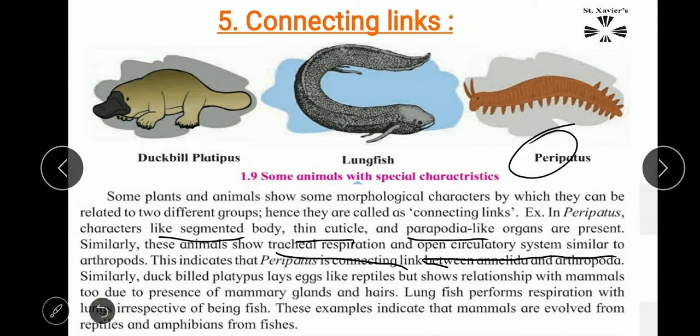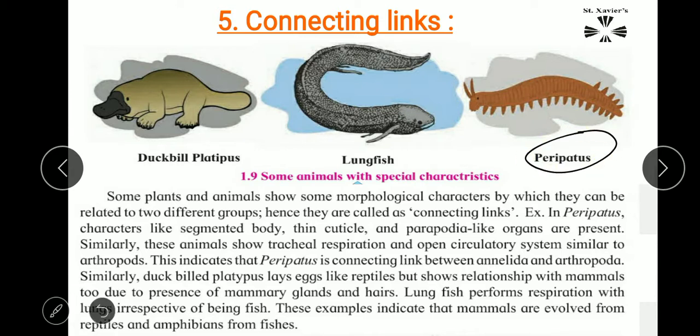I'll explain again, students. When we talk about peripatus, it has the properties of both Annelida and Arthropoda. Few characters match with Annelida and few characters match with Arthropoda.